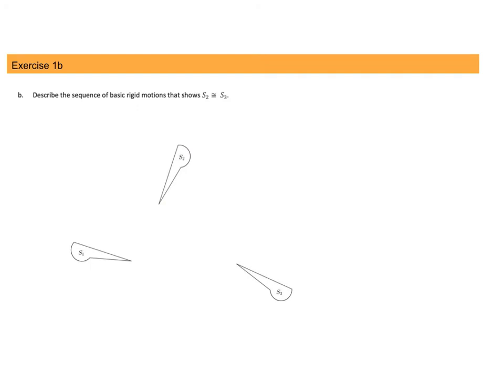All right, this is the same kind of image, but we are now showing that S2 is congruent to S3. So we're starting here and moving down here. Okay? So the first thing I want to do is slide, right? We always want to map one corner to the next corner. So that's what I'm going to do here. I'm going to slide this figure down until the corners touch.